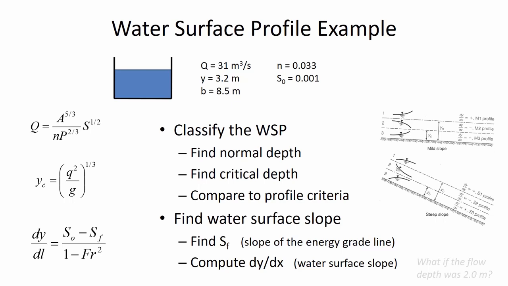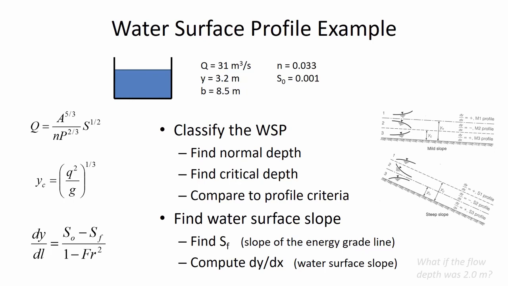So 8.5 is the channel width, and 8.5 times the normal depth is the area, and that's to the 5/3 power. We put in the n value of the channel, the roughness coefficient, 0.033, and then the wetted perimeter is 8.5 plus 2 times the normal depth, to the 2/3 power. And then we have the slope, 0.001 to the 1/2 power. Put that into our solver and we get that the normal depth is 2.717 meters.